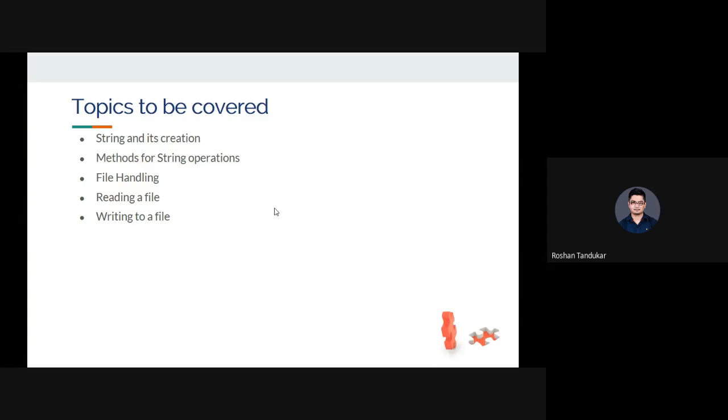For that you can use different built-in methods, and that you are going to discuss in this class for today. Next part is file handling. How you are going to handle different files, in which you are going to see reading a file and writing to a file. That means you are going to perform reading and writing operations on a file in this class.